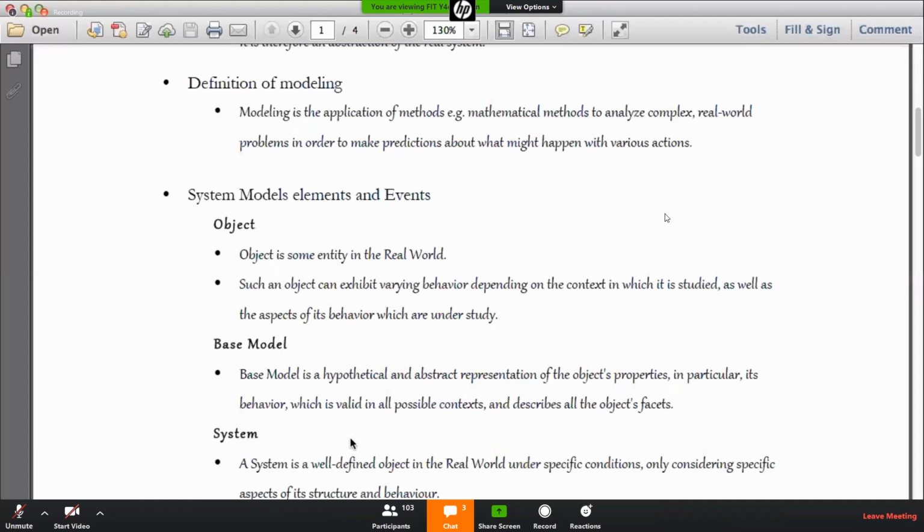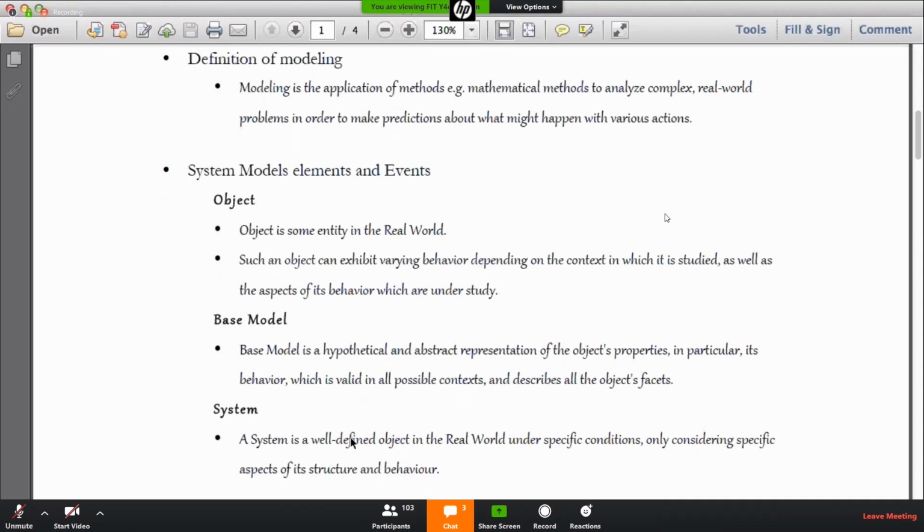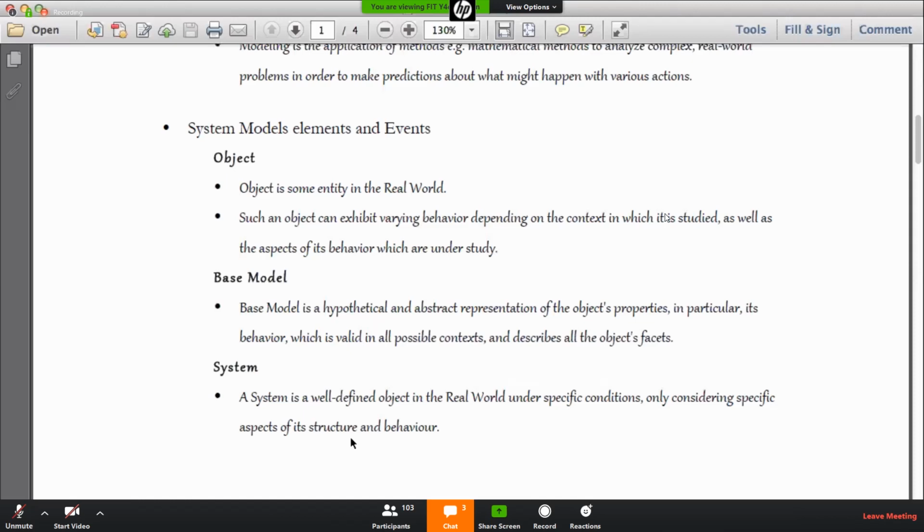Therefore, when we are coming up with a good model, it must be generic, right? So a model should have elements of generic, meaning that it is adaptable and can be used in different circumstances. Now, the next thing we need to look at is the system as an element of a model.